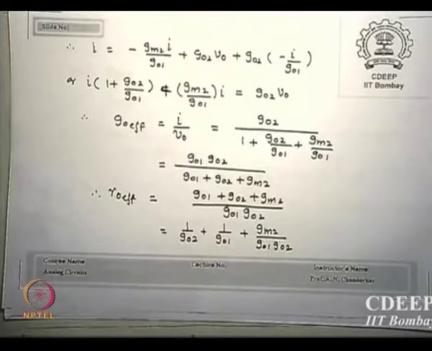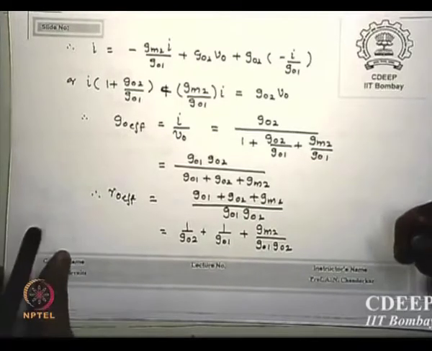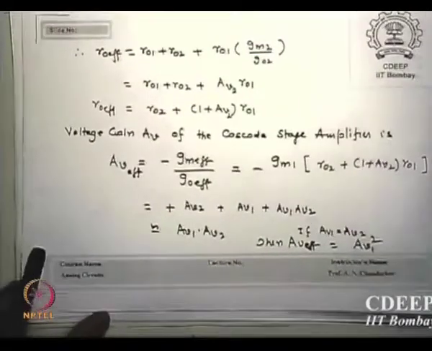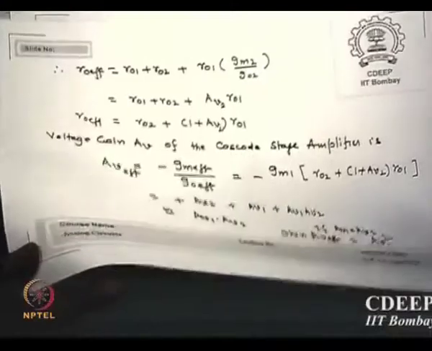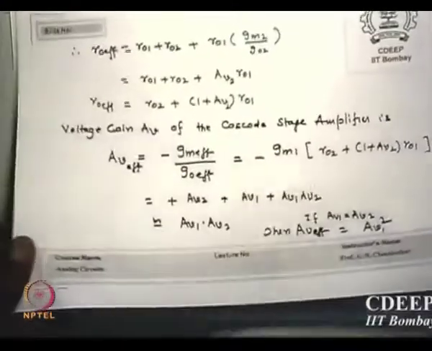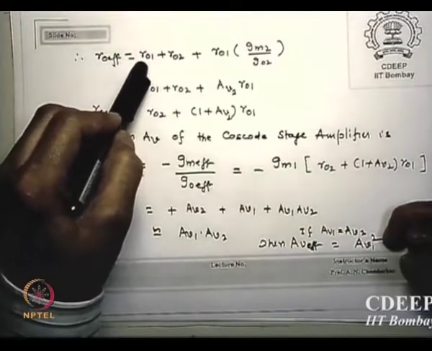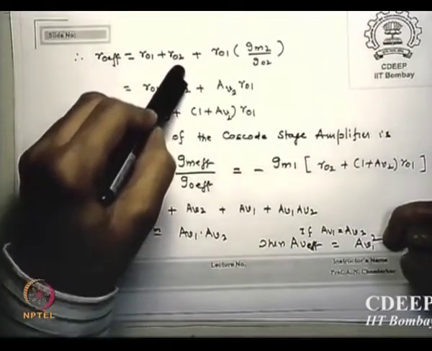So I just got RO effective, which is 1 upon GO2. What is 1 upon GO2? RO2. 1 upon GO1 is RO1. Now if I do this, you can see from here RO effective is RO1 plus RO2.